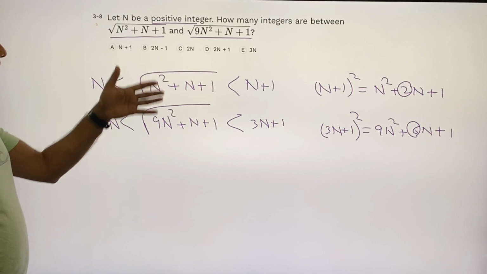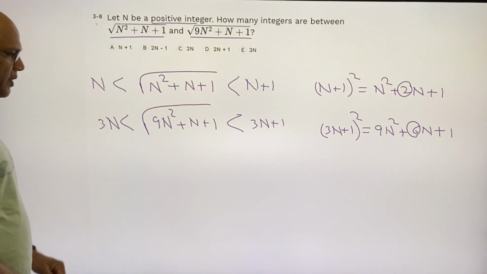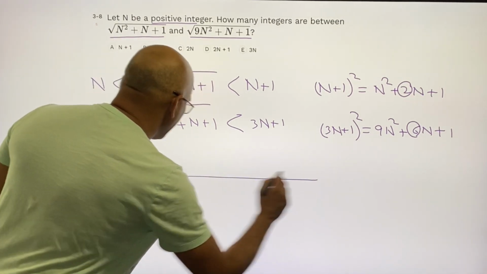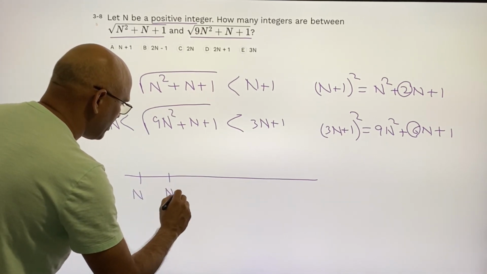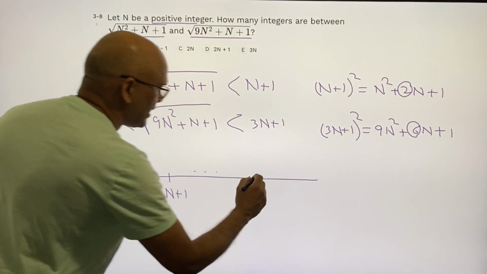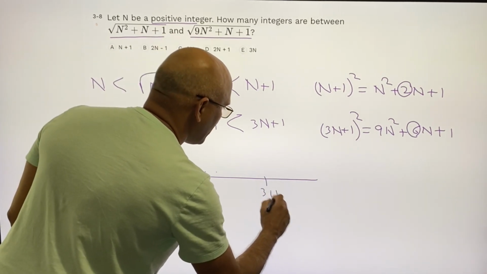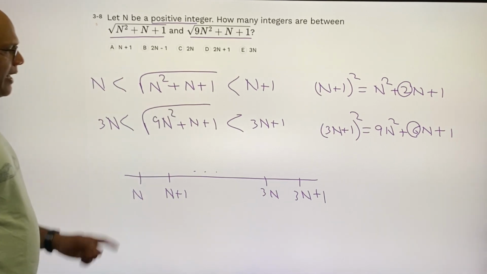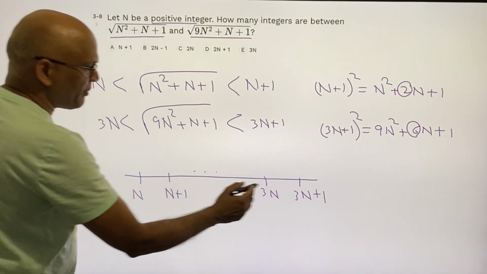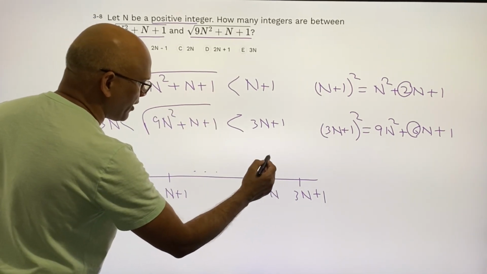Then how many integers are between these two numbers? If I take a number line, here is n, n plus 1, and then here is 3n, and here is 3n plus 1. This number is less than 3n plus 1 but greater than 3n, so it is somewhere here.